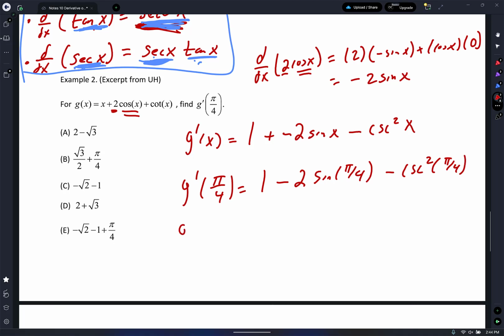Okay, here we go. G prime of pi over 4, 1 minus 2 times square root of 2 over 2. What is cosecant of pi over 4? Cosecant's a reciprocal of sine. Well, pi over 4 doesn't matter because both cosine and sine are the same. What's the reciprocal of square root of 2 over 2?